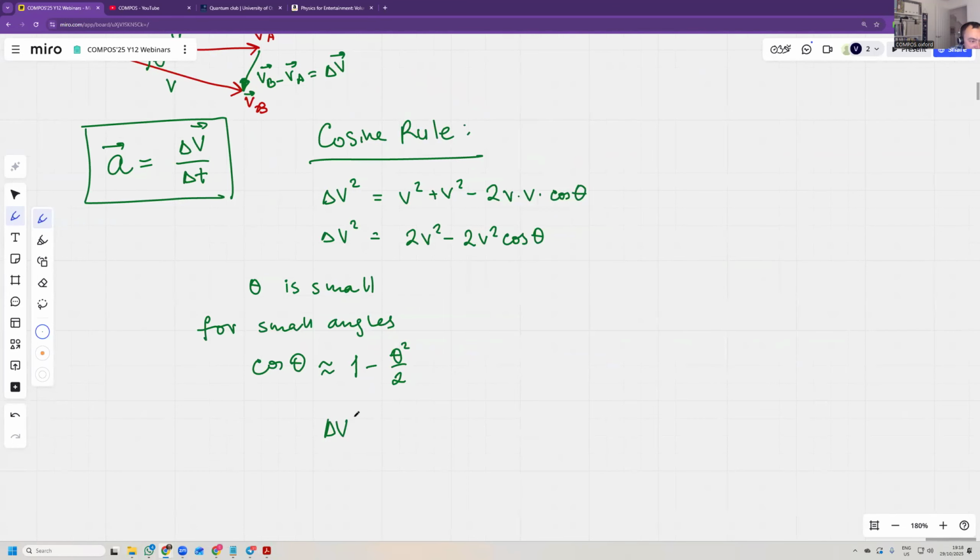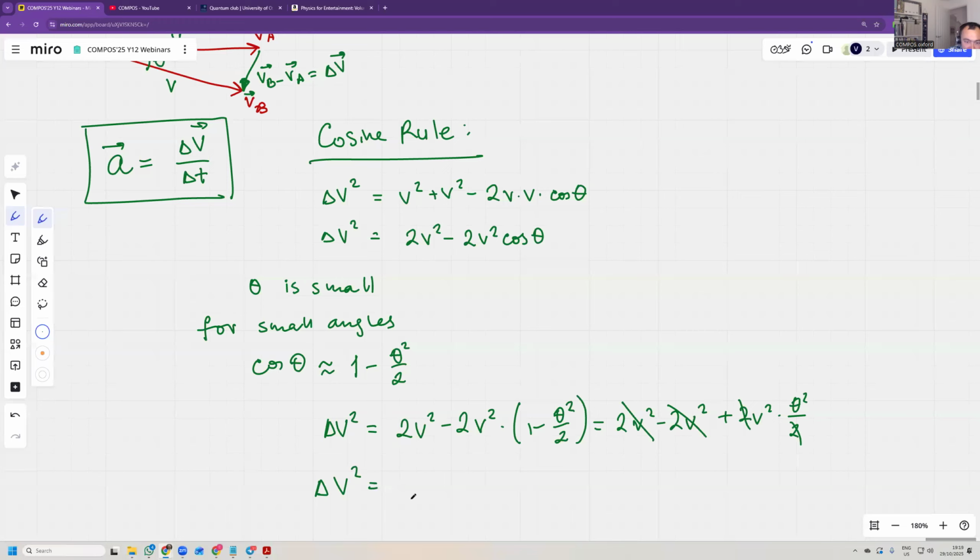So delta v squared is 2v squared minus 2v squared multiplied by 1 minus theta squared over 2. So 2v squared minus 2v squared plus 2v squared multiplied by theta squared over 2. The 2s cancel, these cancel. So delta v squared is v squared theta squared.